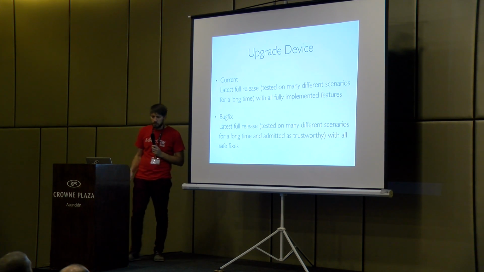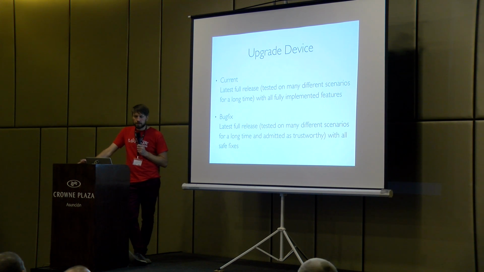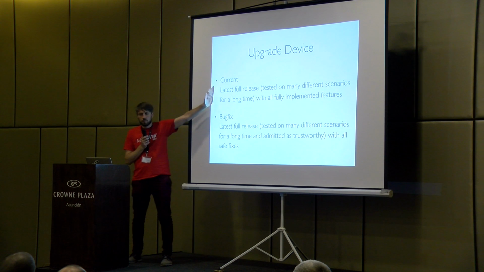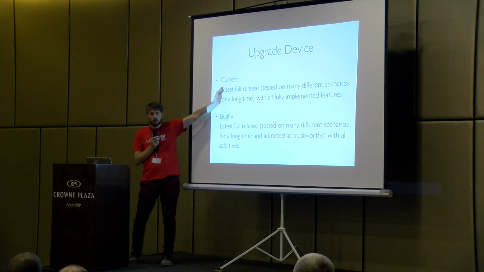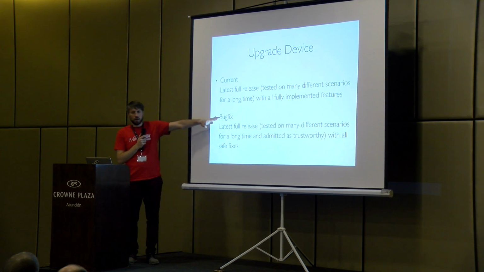However, in the last year, we added a new version to our family. Previously we just had the current version, which contained all bug fixes and all new features. But for 1 or 2 years already, we have a bug fix version.